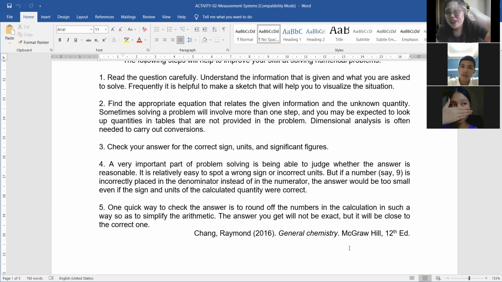So you have a lot of steps to do before really going into the equation. You have to convert a lot of units, so you have to look at that also. We call that dimensional analysis. Then check your answers for the correct sign, units, and significant figures.